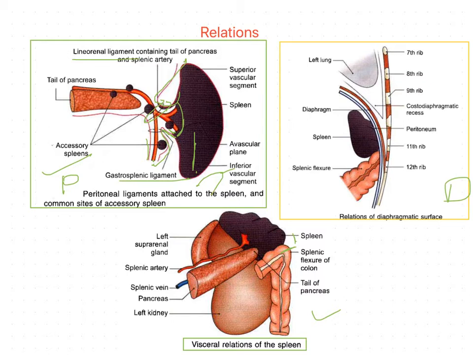Now we'll see the visceral relations. The visceral surface of the spleen is related to the fundus of the stomach, the anterior surface of the left kidney, the splenic flexure, and the tail of the pancreas.